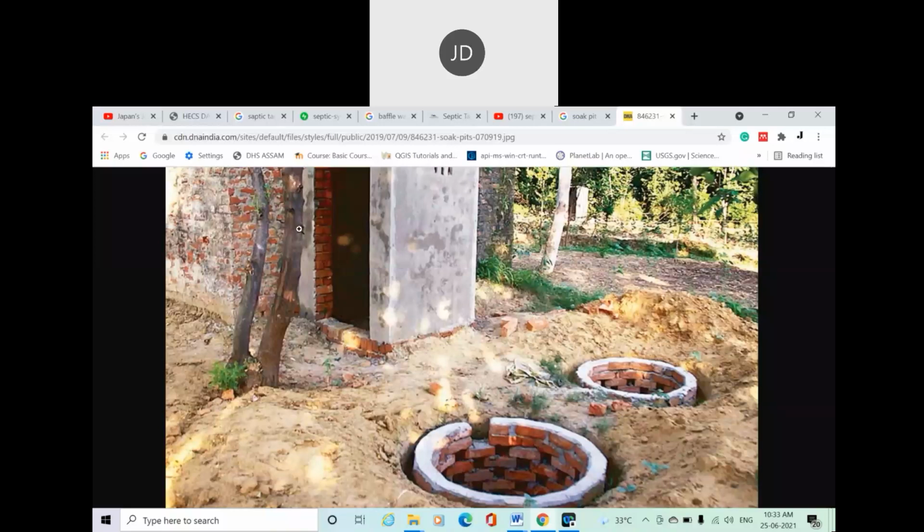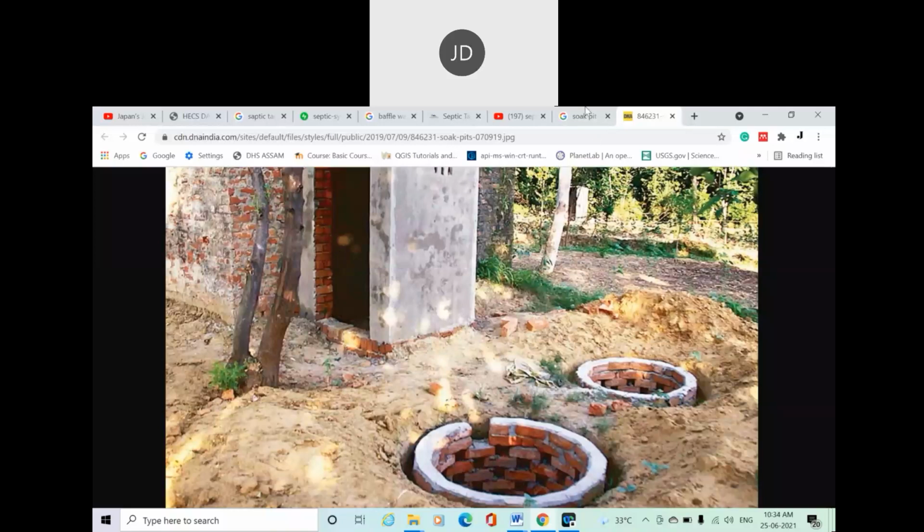A particular toilet is connected to this soak pit basically. Below this there is a septic tank, and that septic tank is connected to this soak pit. Although we can also connect directly to this soak pit.